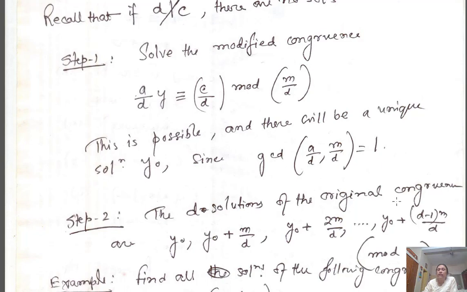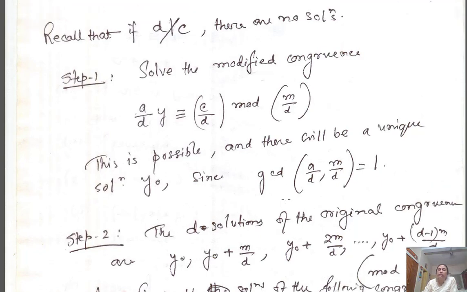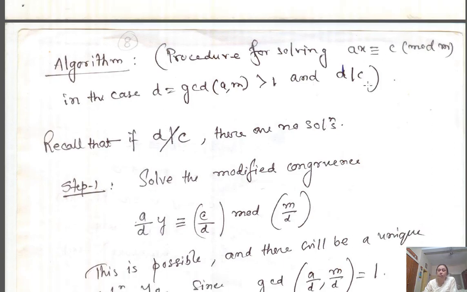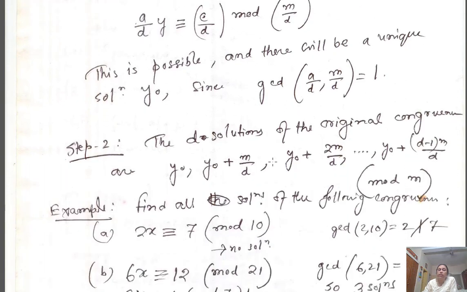These are the d solutions of the original congruence. So this is your algorithm to find the solution of this linear congruence equation. Why these are the solutions we will explain later. We'll come to this again.